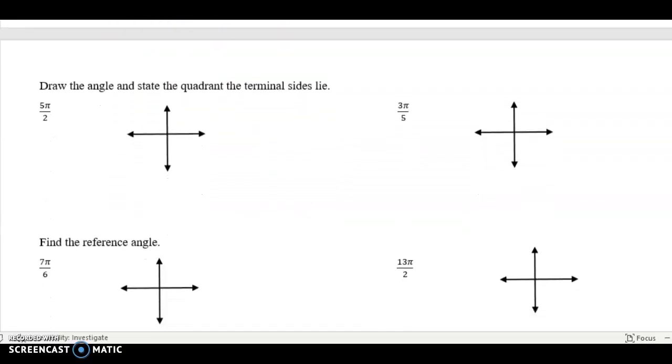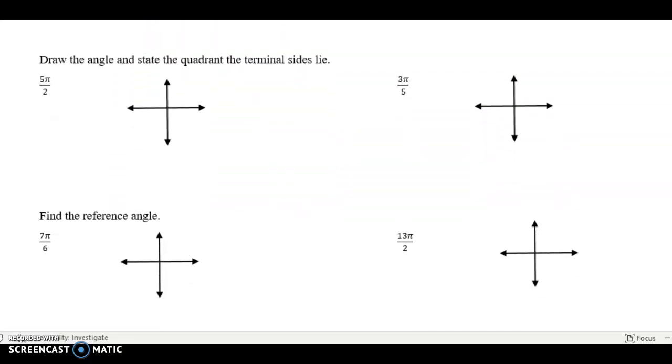And we've got draw the angle and state the quadrant where the terminal side lies. Okay, this is slightly more complicated than when we had it in degrees. I'm going to try to show you an easy way to do it. So think of pi in halves.